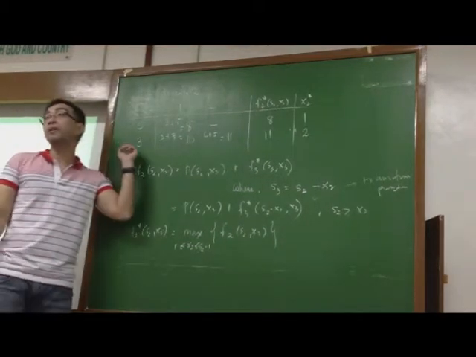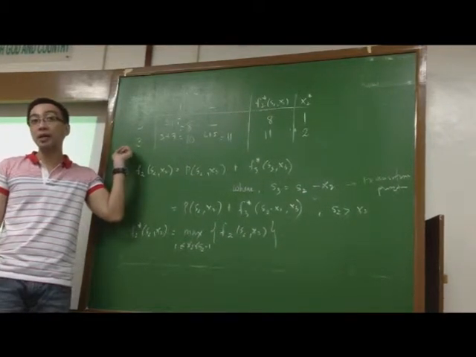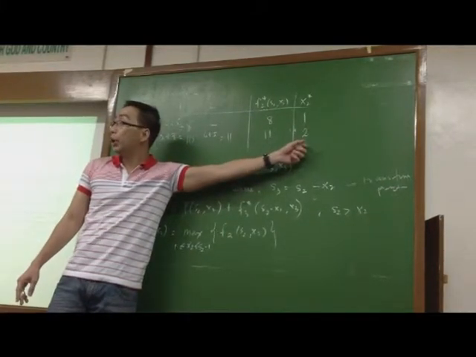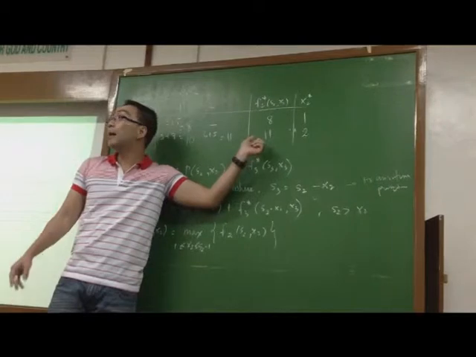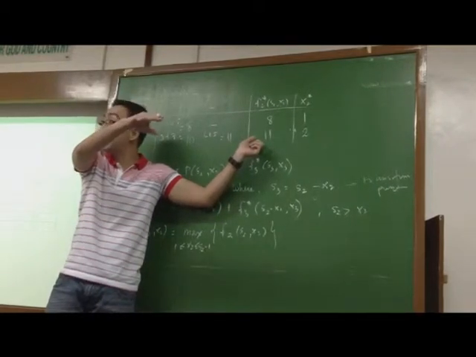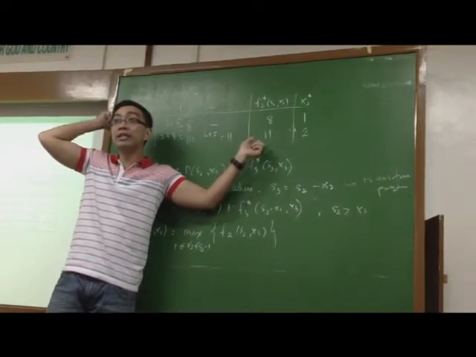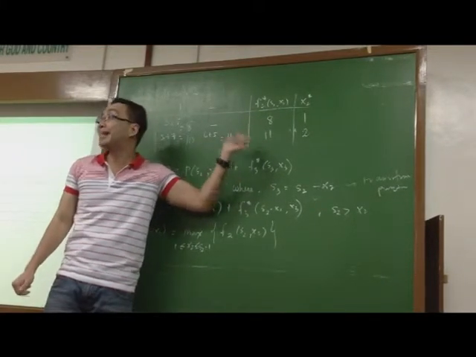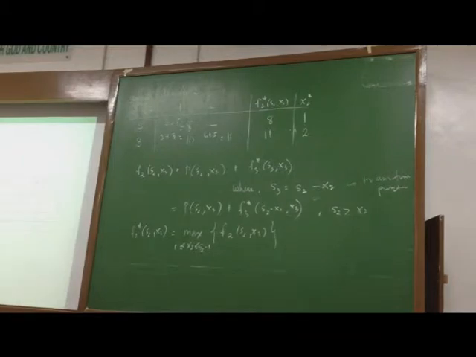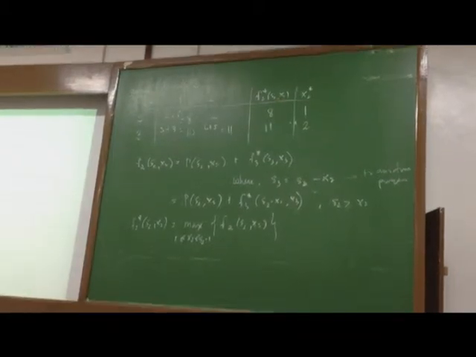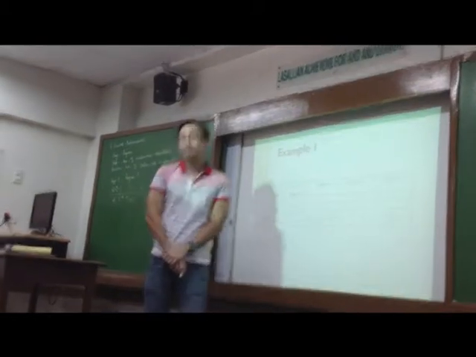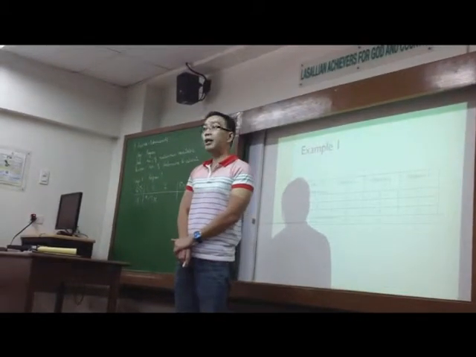Kung may tatlo daw, ano sabi nito? Mag-allocate ka ng dalawa sa region 2 to earn 11. Kumbaga hindi ko na pinansin yung third stage kasi accounted na yung third stage sa second stage. So I just look at the second stage. So plus 11. Diba? So 4 plus 11 is 15.